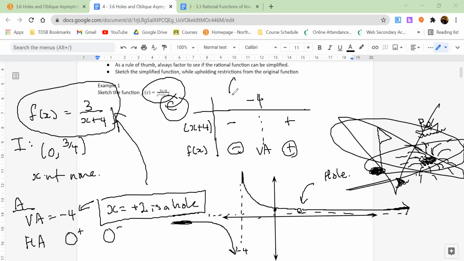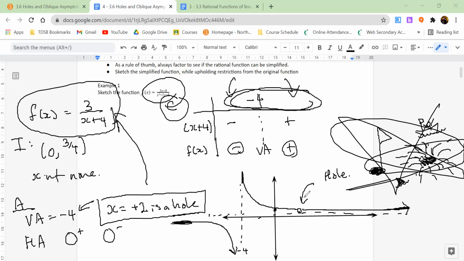You only have to test a number smaller than -4 and a number bigger than -4. Remember, the whole point of this is to put in numbers where you see a sign change. The hole, as you can see, doesn't make the function go underneath the x-axis.